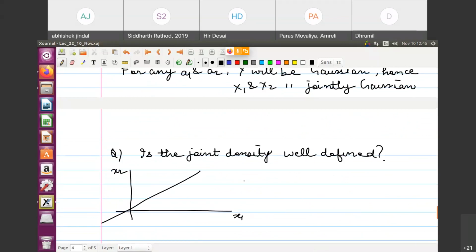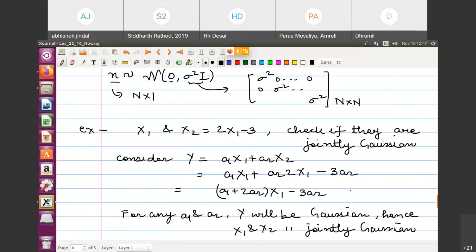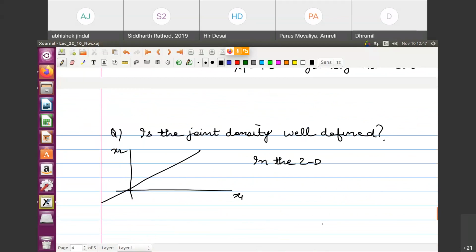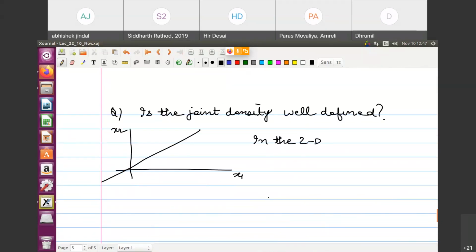Let me write down what it means. In the 2D plane, I am not explaining that much, but this is just to highlight that vectors can be jointly Gaussian, but density may not exist in all cases. Why? Because before defining the density of a random vector, we must know whether the inverse of the covariance exists or not. You can just sit back and see what we're doing.